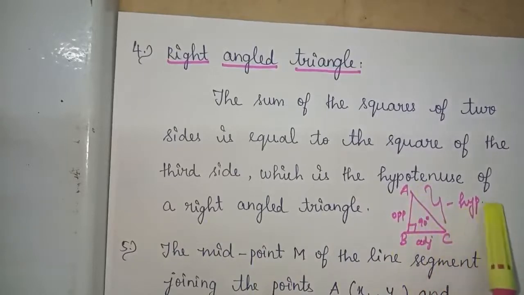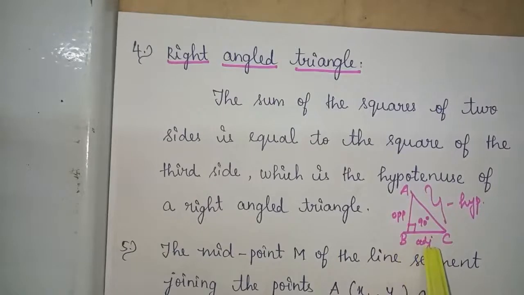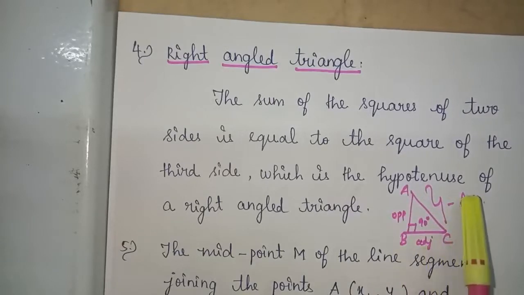So AC is called the hypotenuse of the triangle. BC is the adjacent side and AB is the opposite side. If you add opposite square plus adjacent square, you get the hypotenuse square.